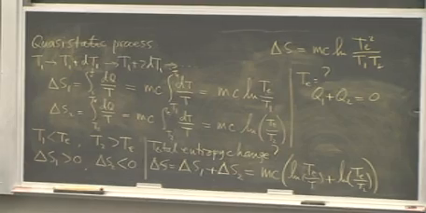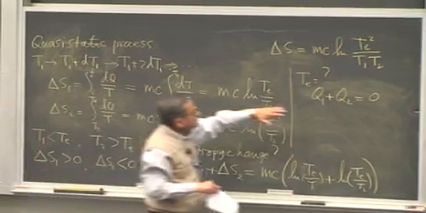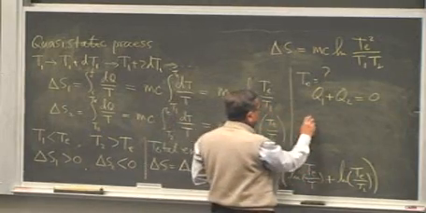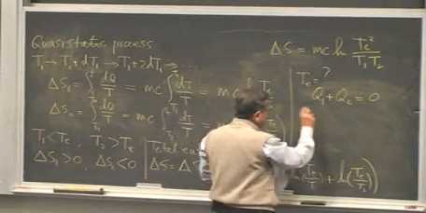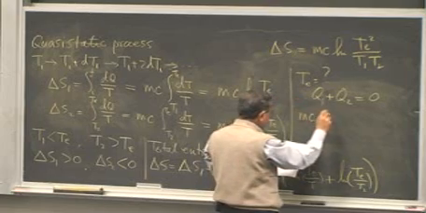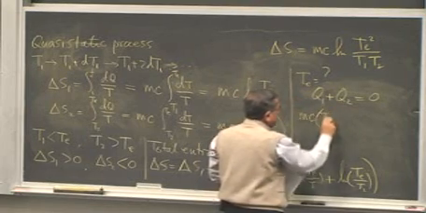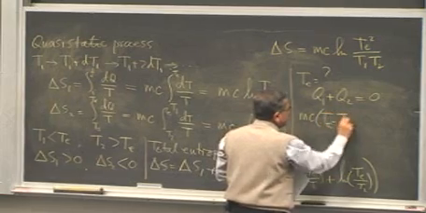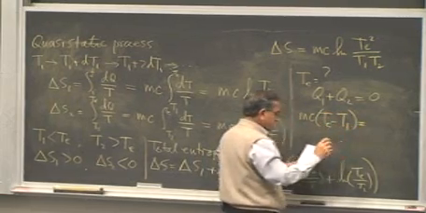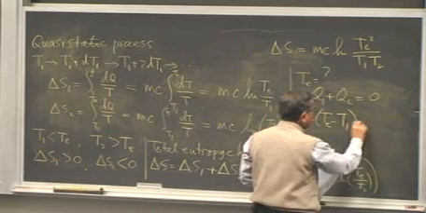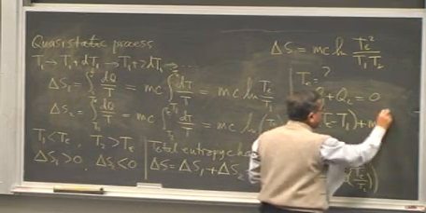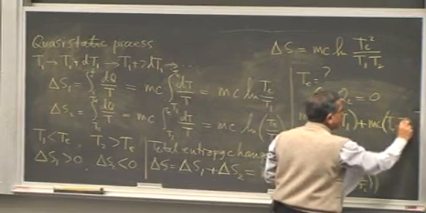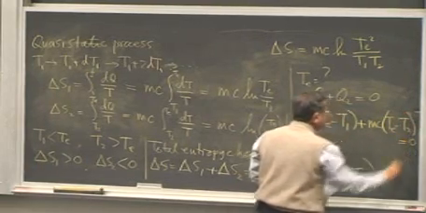So Q1 plus Q2 equals 0, where Q1 is mass times C times (Te minus T1), plus mc times (Te minus T2) is equal to 0.